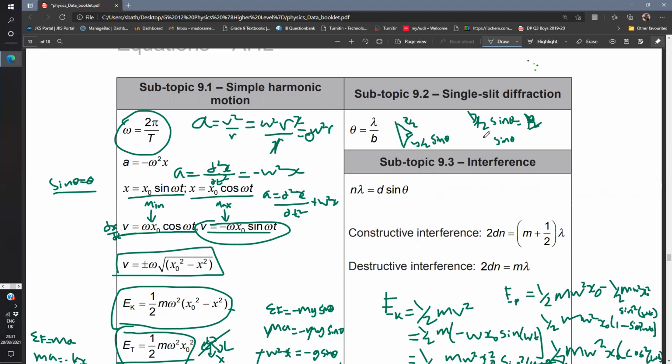This is going to be, okay, and then that will be equal to lambda. And you just rearrange this equation. Divided by 2 to cancel the 2's.